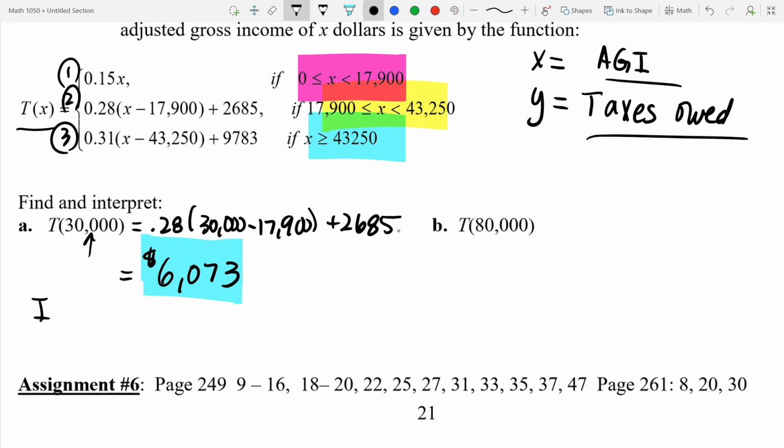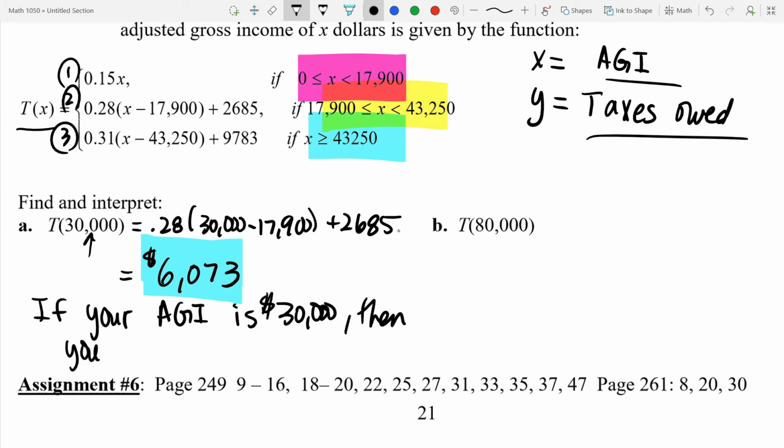So we'll say if your AGI is 30,000, and let's add a dollar symbol because that's how much you make, then you owe $6,073 in taxes. Perfect.